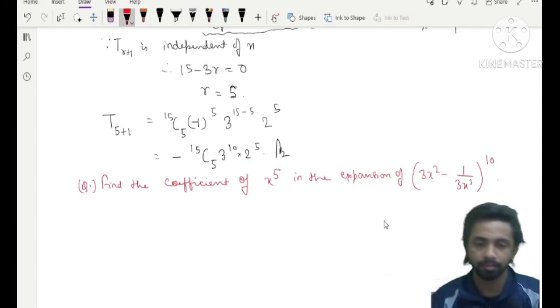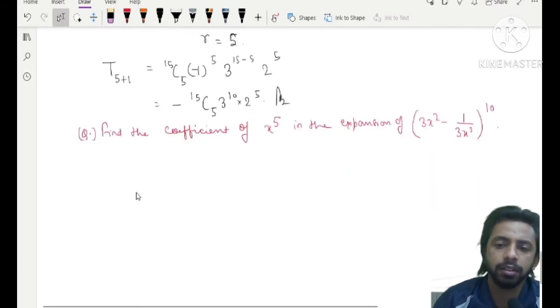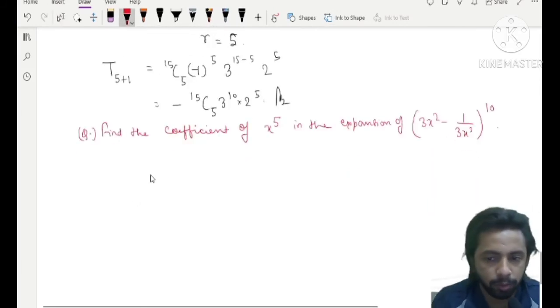So this is the expansion (3x² minus 1/(3x³)) raised to the power 10.